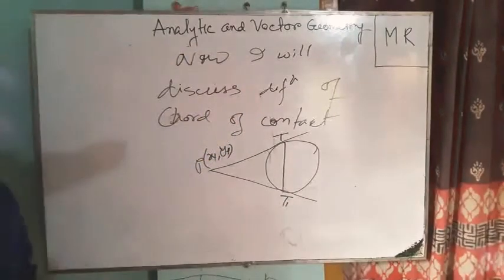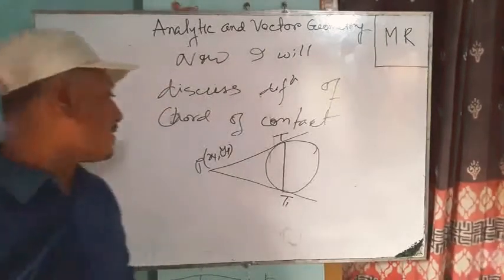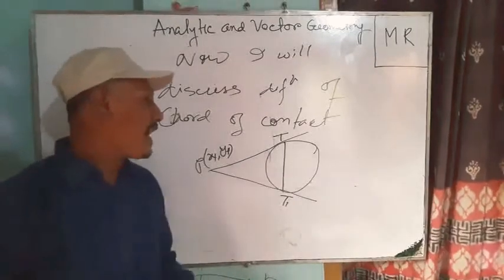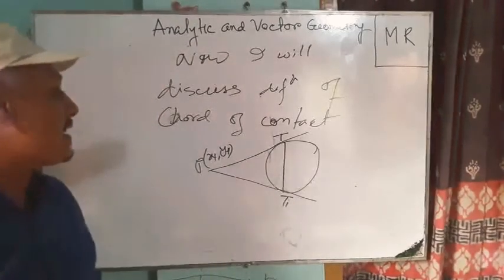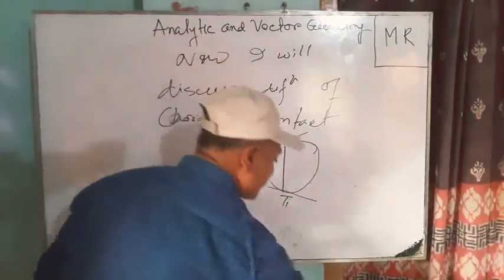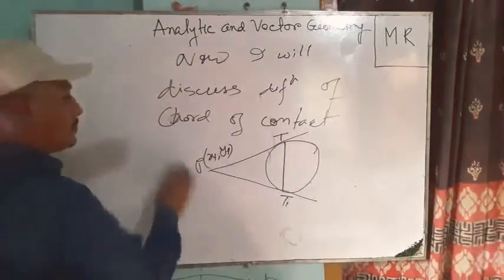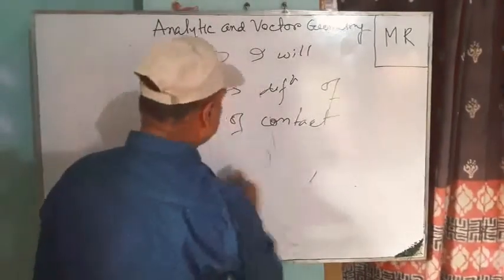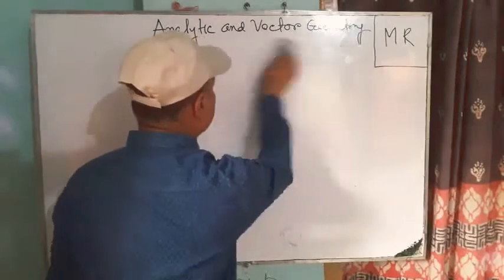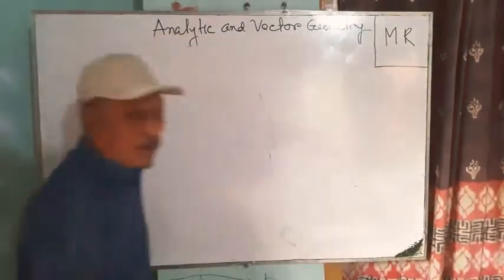Then the line joining the points of contact, that is the line T T dash, is called the chord of contact.